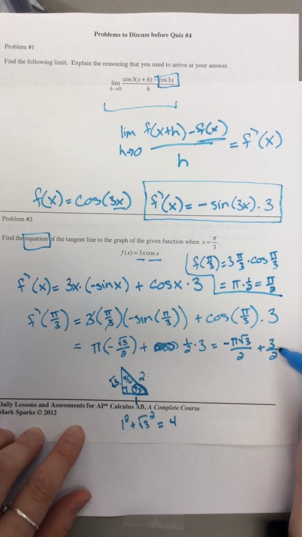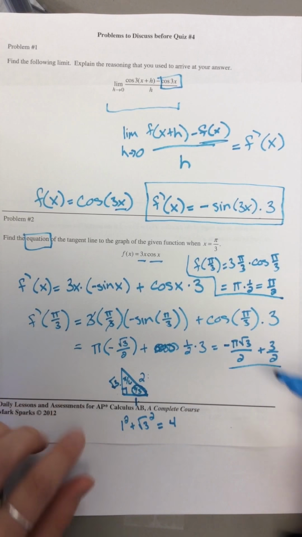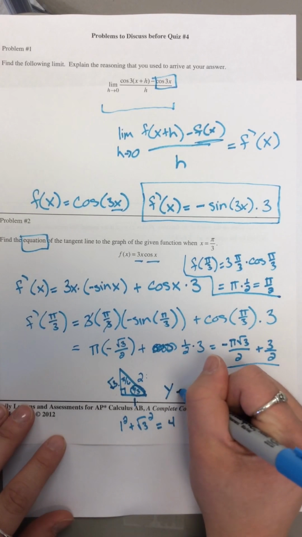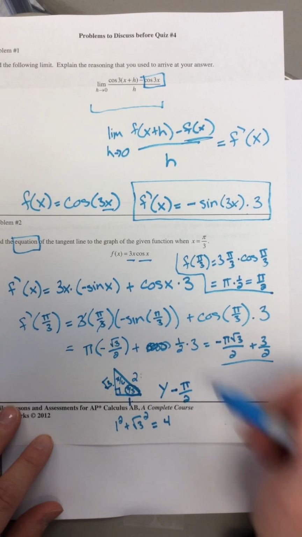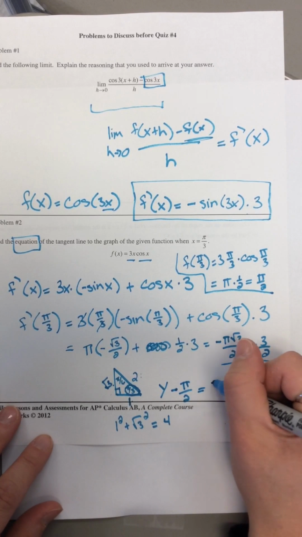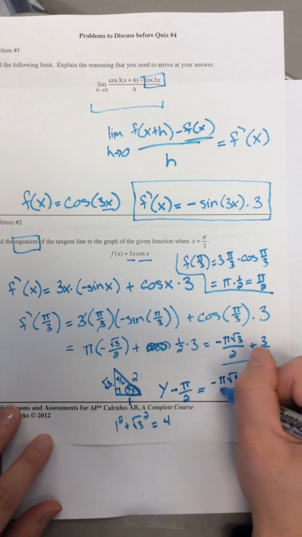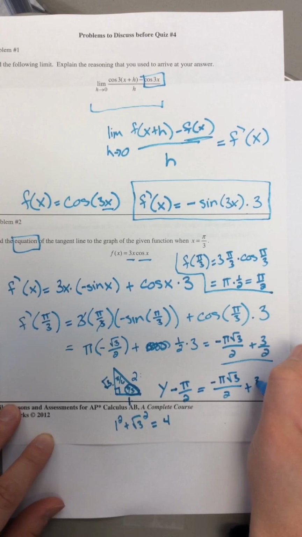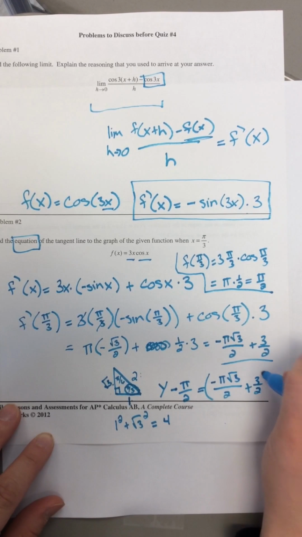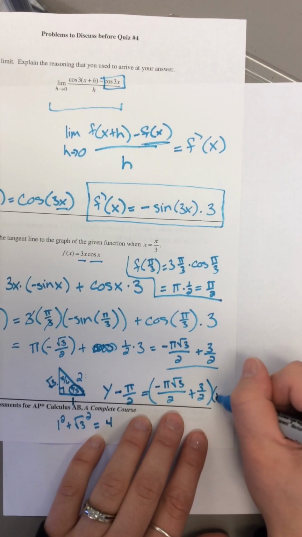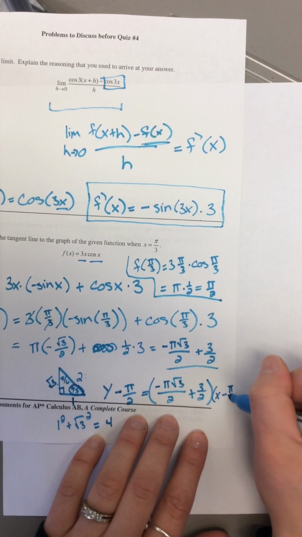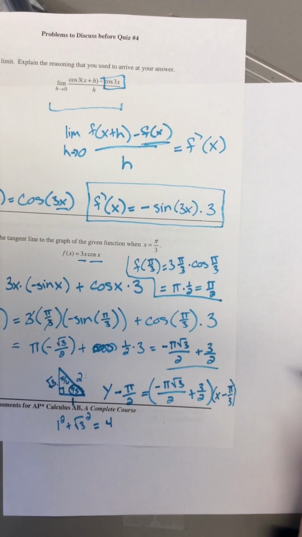F prime of pi over 3 is this whole mess. So then I say y minus y1, because I get that from here, is equal to m times x minus x1. And I'm running out of room, but I'm going to write it anyway. y minus y1 is equal to m times x minus x1.